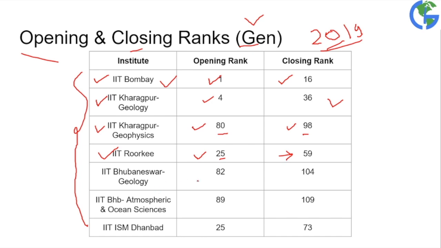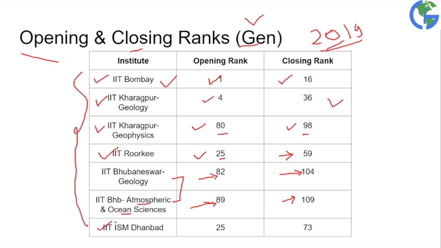IIT Bhubaneswar Geology opens at 82, closes at 104, and its other course, Atmosphere and Oceanic Sciences, opens at 89 and closes at 109. So they are more or less the same. It's based on the interest of students in which program they want to pursue their postgraduation, right? So the ranks do not differ very much.